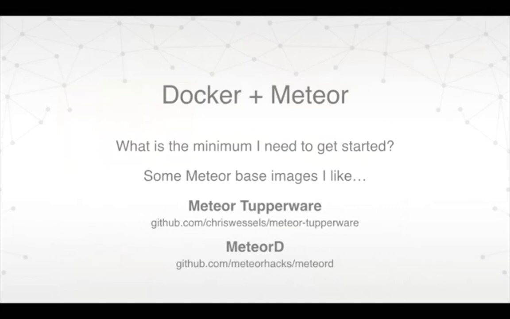There's tons of other things that may be app specific that you might put in there. But at the very least, both of these will get pretty much any Meteor app up and running with a single line Docker file in the root of your project.